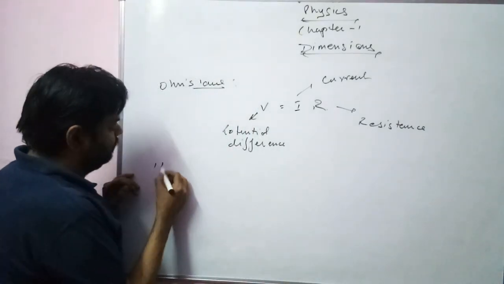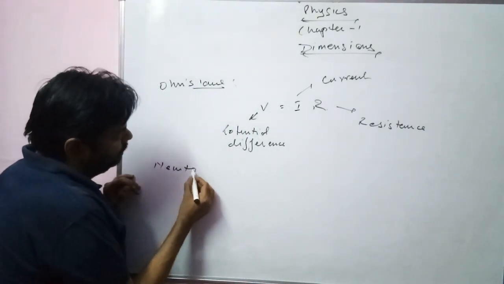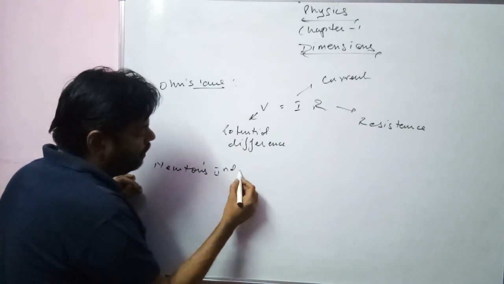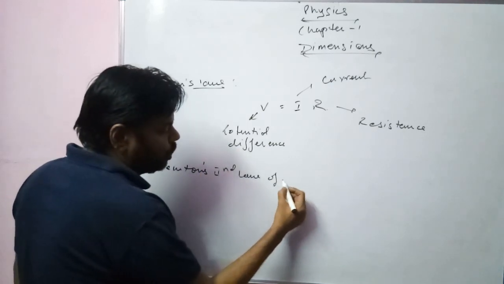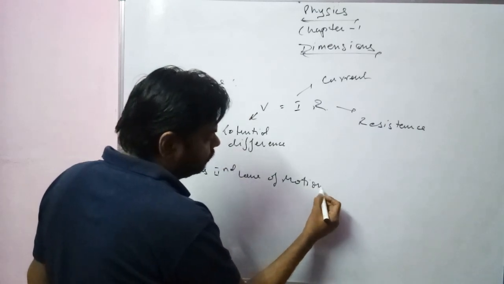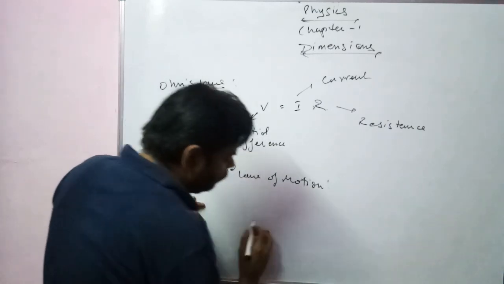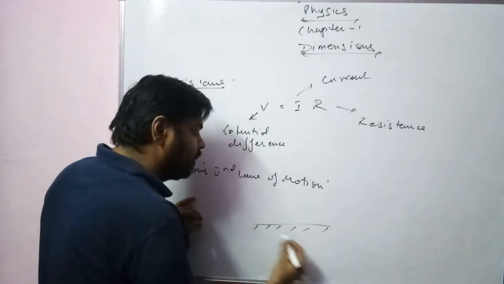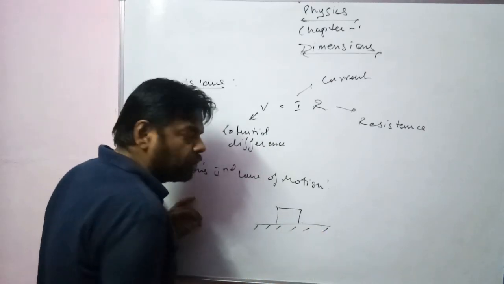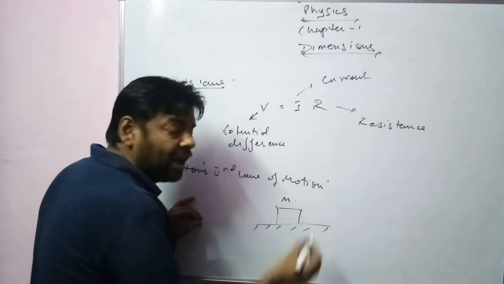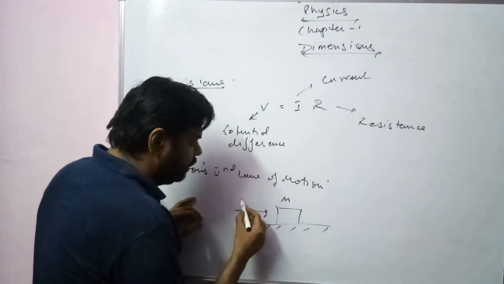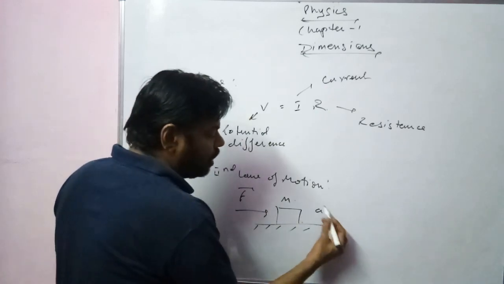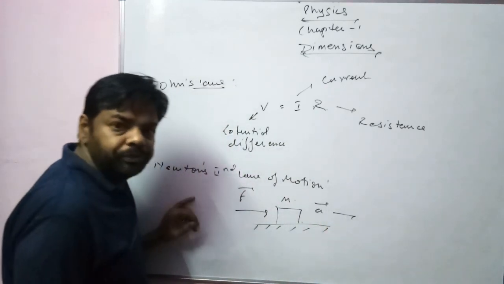Similarly, students, in class 9 you had studied Newton's second law of motion. Suppose there is a block of mass m, and if a force, say vector F, is applied on this block, then the block will accelerate in the forward direction.